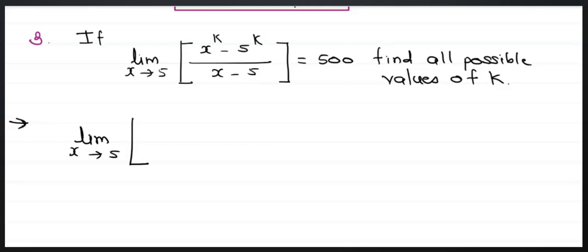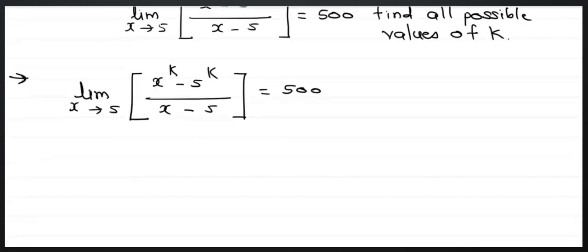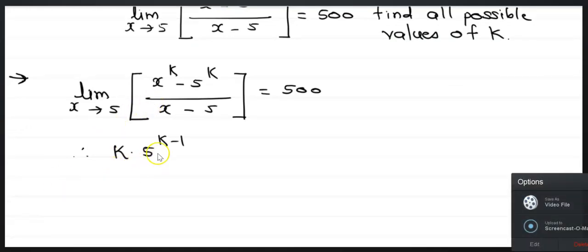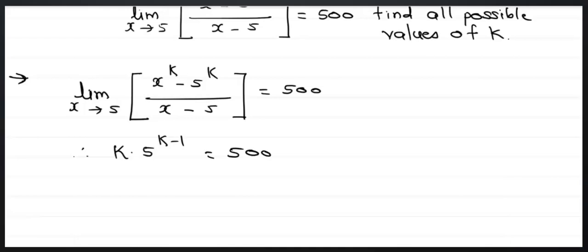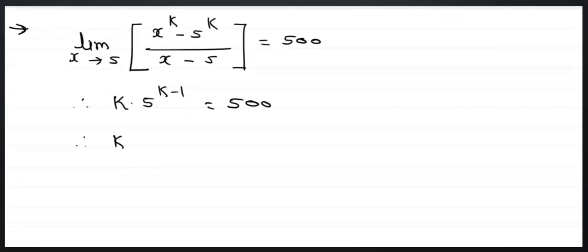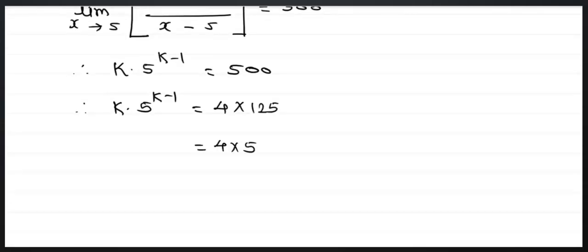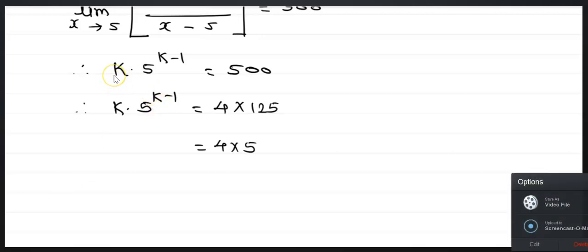Therefore, now here we will apply the formula, that is equal to 500 on the left hand side, and that is equal to k into 5 raised to k minus 1 is equal to 500.